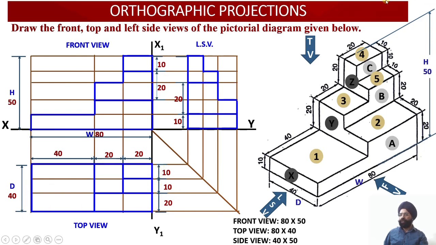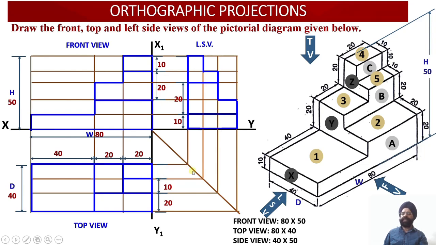This was 10, corresponding to surface 4. This was also 10 corresponding to surface 5, and this was 20 corresponding to surface 2. But if I am mentioning three dimensions amounting to 40 millimeter and this total is 40 again, there is going to be repeatability. So one dimension I have eliminated out of these three.